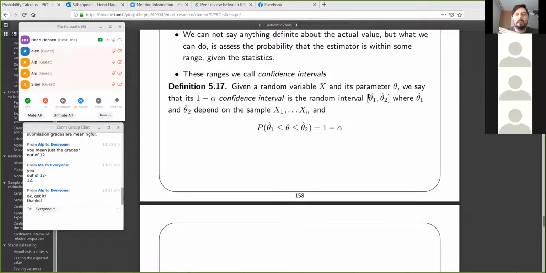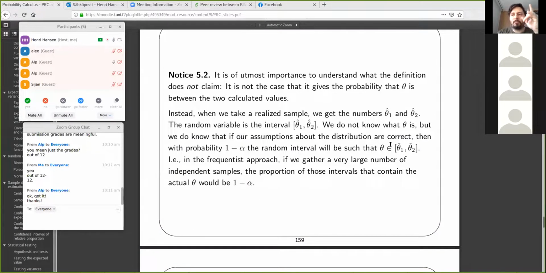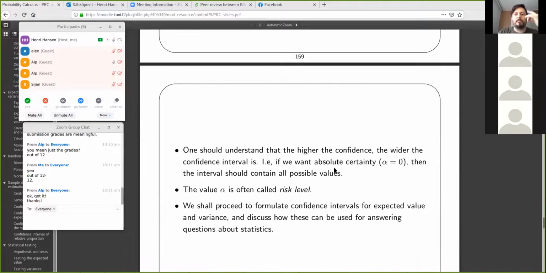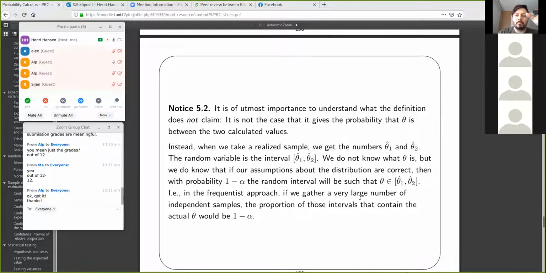But if you think about it, then we had a random variable, which is really the interval is random. So when you take different samples, the interval moves. And the idea here is that if you have a certain parameter, the confidence interval's certainty level, when you say 95% certainty level or confidence level, it means that 95% of the time your random variable will get values such that the actual parameter is contained in that interval.